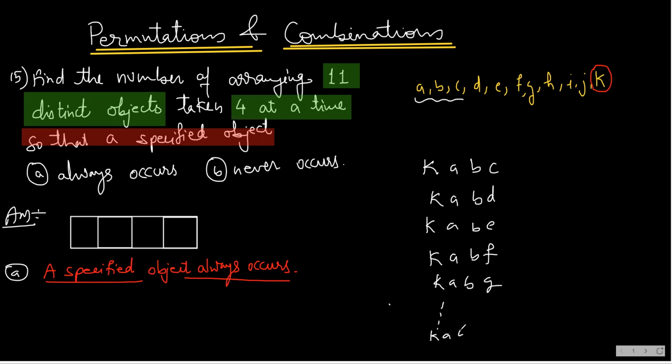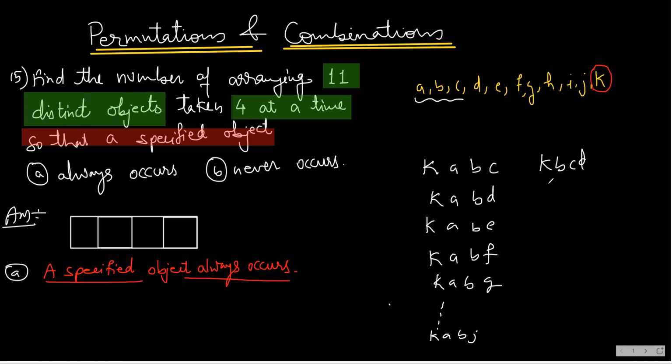So K, A, B, J. Now here I have K with A, B. You can have K and B, C. So K, B, C, D. Now A is not there.